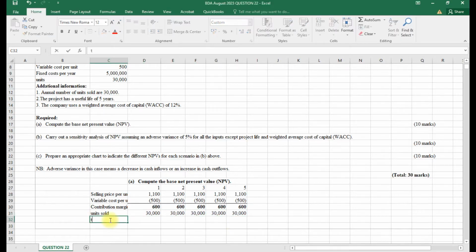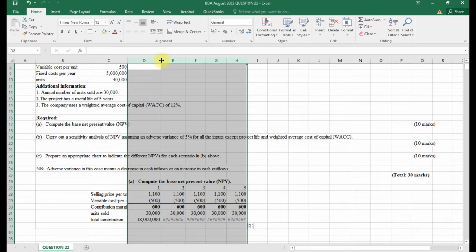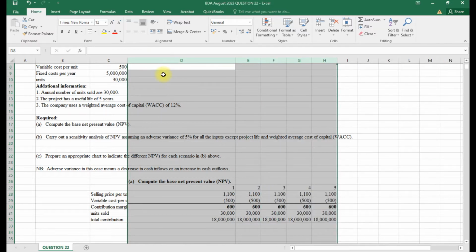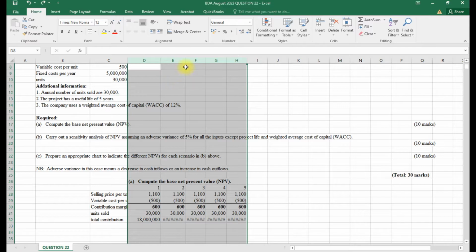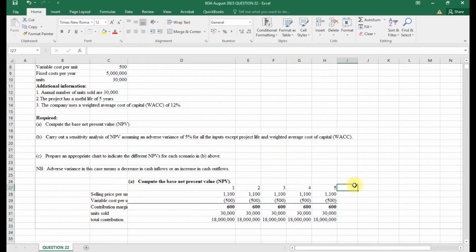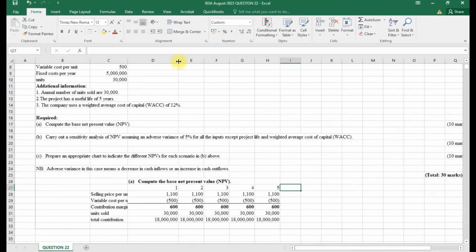Then I get my total contribution. This one will be the units sold multiplied by the contribution margin per unit, so I'll get 18 million, and I will drag this that way and just highlight that.